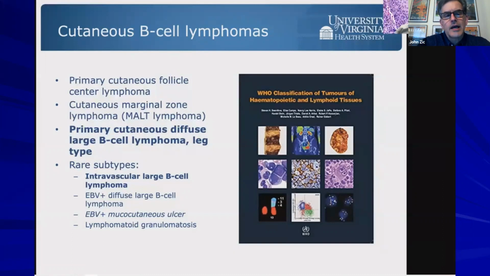But it turns out that probably over 80% of this type of lymphoma of the skin is localized to the leg. It does mean that 20% aren't. And again, there is something about the leg that seems to indicate a slightly more aggressive type of cutaneous B-cell lymphoma.